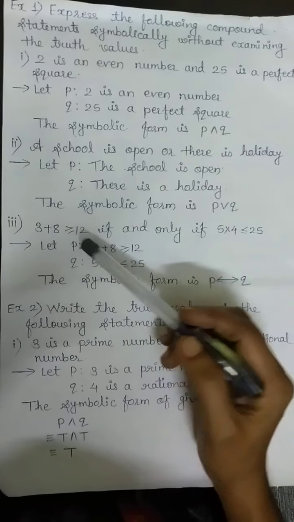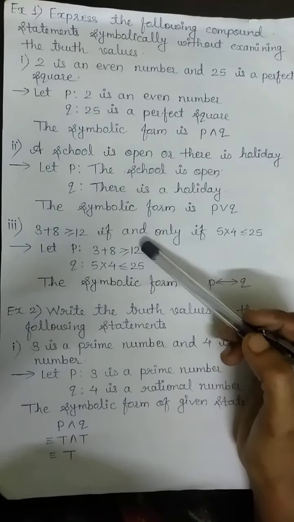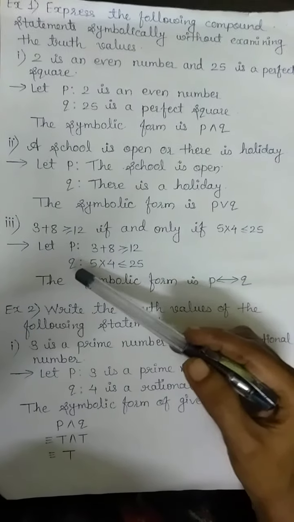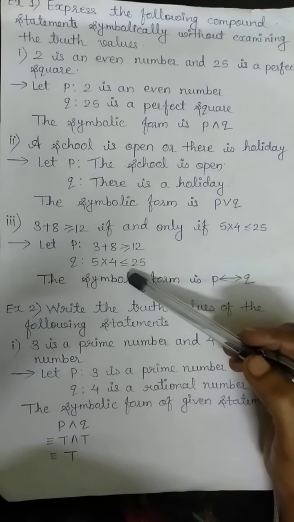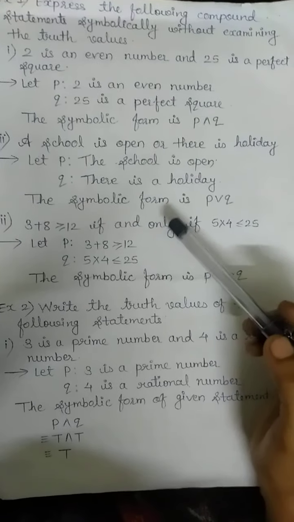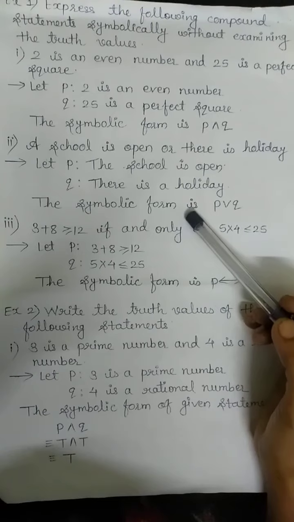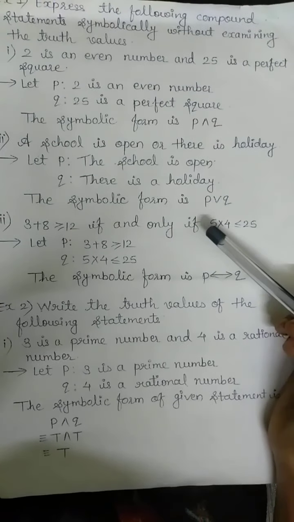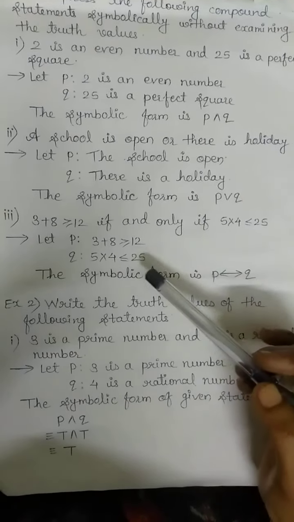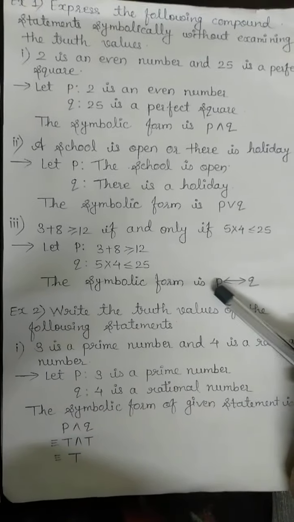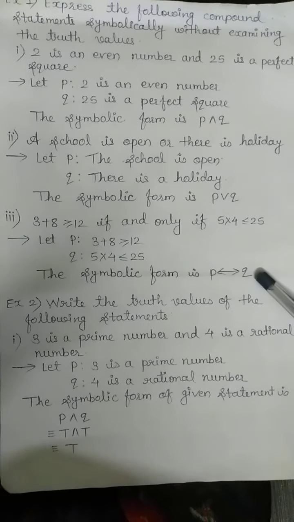P will be 3 plus 8 greater than or equal to 12, and Q will be 5 into 4 is less than or equal to 25. And the logical connective used in this compound statement is if and only if. That means double implication. So the symbolic form will be P double implies Q.